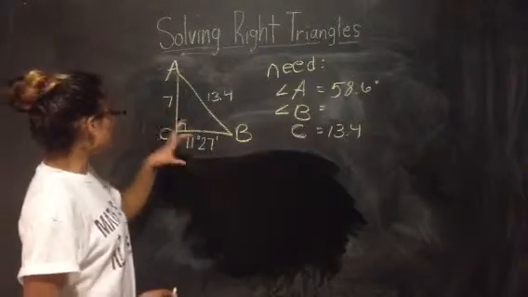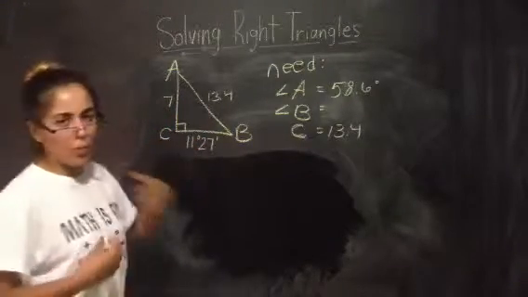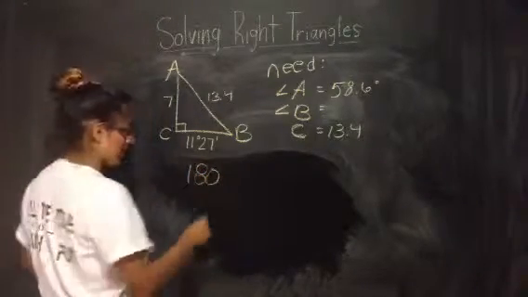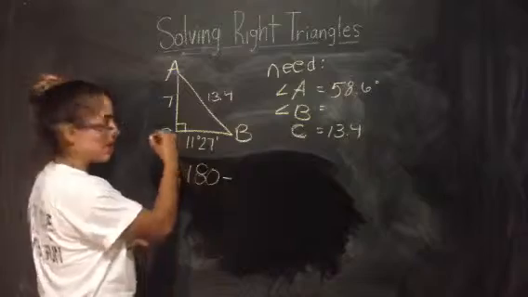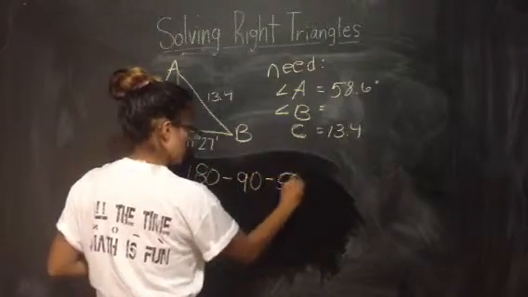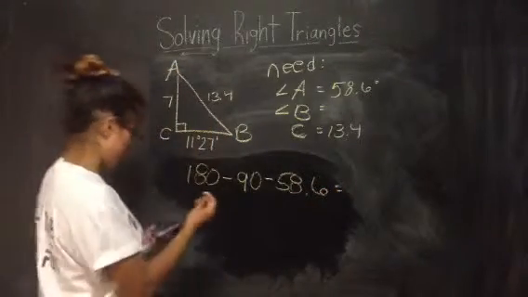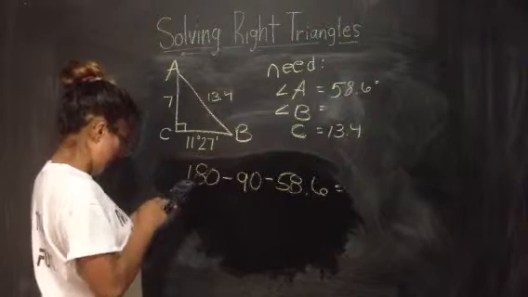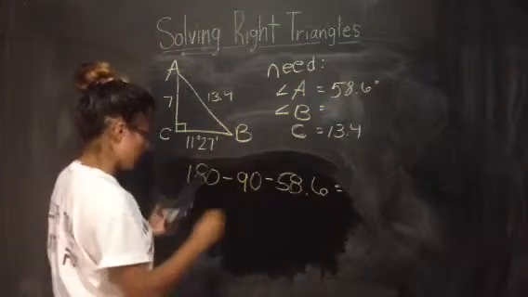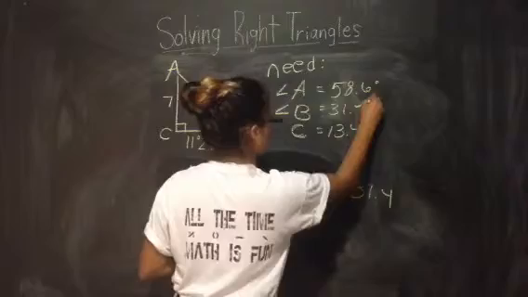Or, since we all know that all the angles in a triangle add up to 180 degrees, we can do 180 and subtract the already given angles and found angles to find the last missing angle. 180 minus 90 minus 58.6 equals 31.4 degrees would be the missing angle.